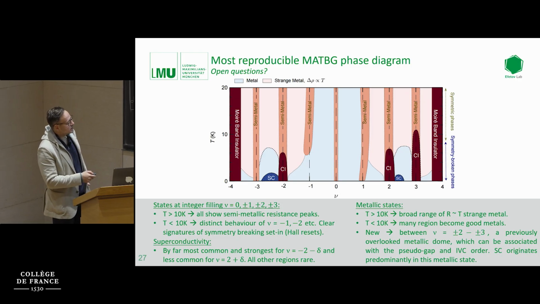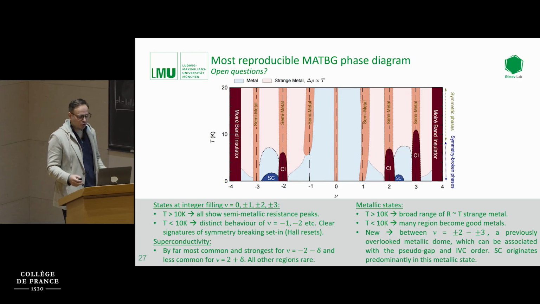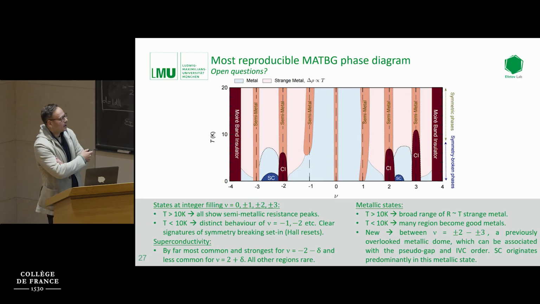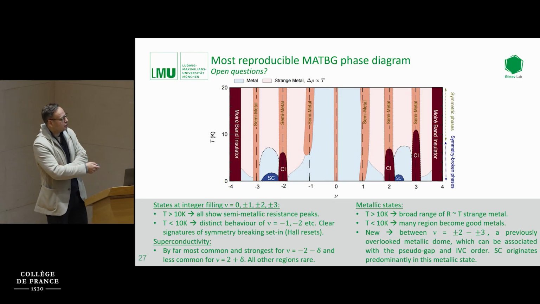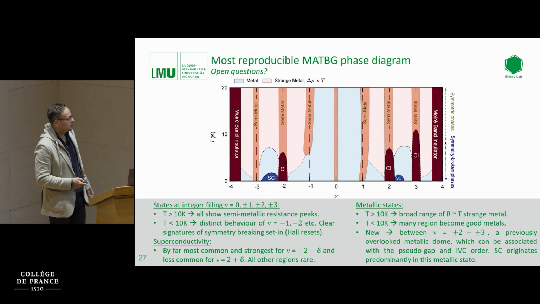Then, however, the integer fillings vary quite a bit in phenomenology. Whereas filling -2 here really turns from a semi-metal to an insulator, the filling factor 1 turns from a semi-metal to a Fermi liquid type of behavior. So this is, for example, one of those open questions that we have to understand, the phase transitions here. And then, of course, superconductivity is a big one, right?